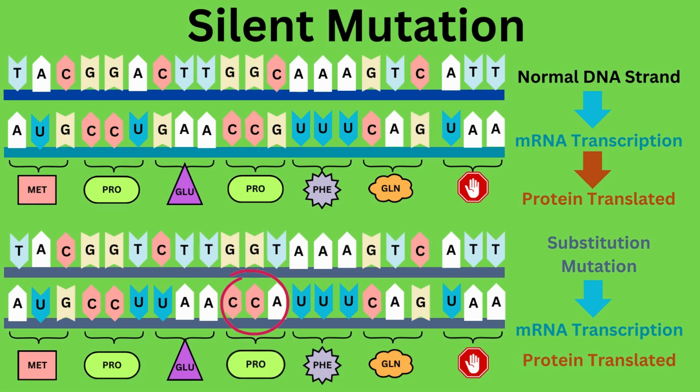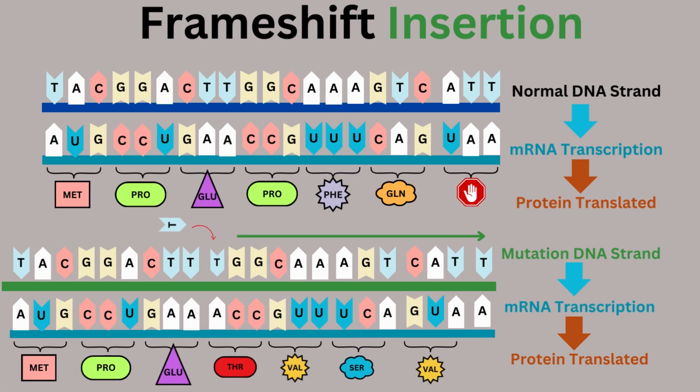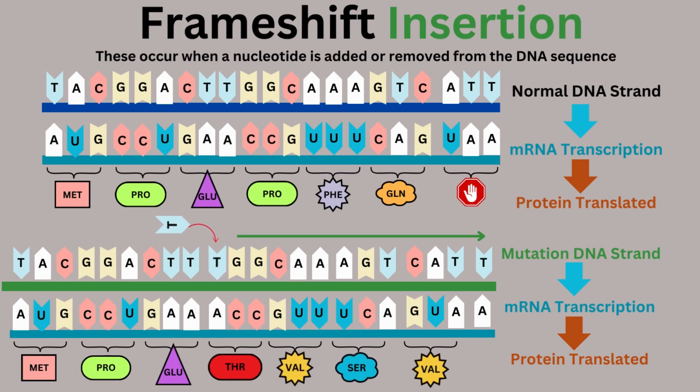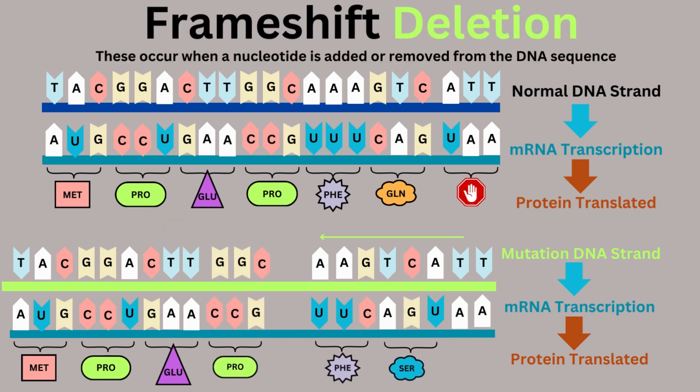A silent mutation, where the DNA change doesn't affect the protein at all, results in a correctly made protein despite the DNA alteration. Insertions or deletions cause a frame shift, changing the entire amino acid sequence downstream, leading to a completely different and likely non-functional protein. Disorders like Tay-Sachs disease and cystic fibrosis are examples of this."